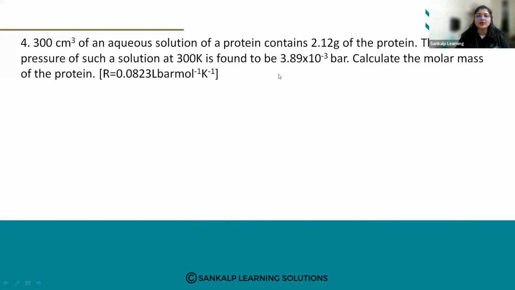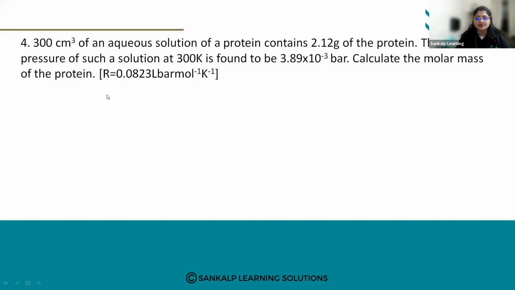Okay. So next question. 300 centimeter cube of an aqueous solution of a protein contains 2.12 gram of the protein. The osmotic pressure of such a solution at 300 Kelvin is found to be 3.89 into 10 raised to minus 3 bar. Calculate the molar mass of the protein.